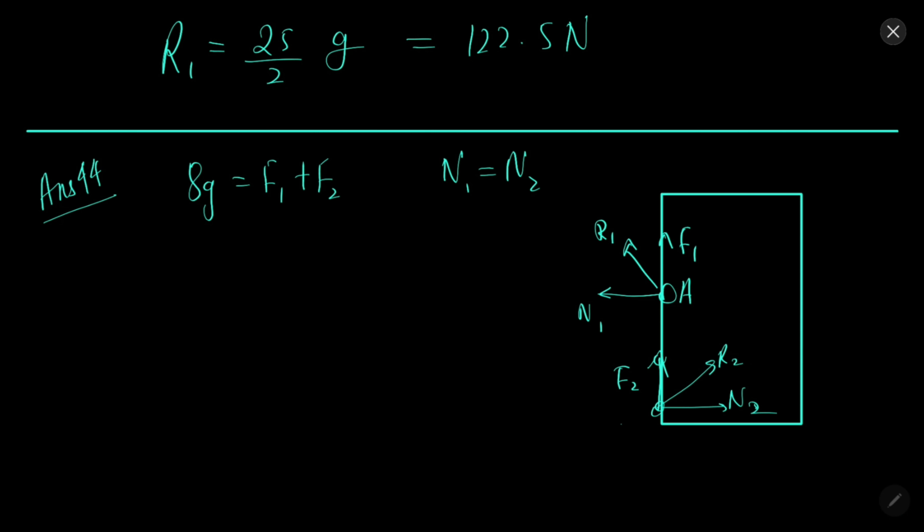A, B, 8g down. Now N1 is equal to N2 and F1, therefore F1 will be equal to F2.